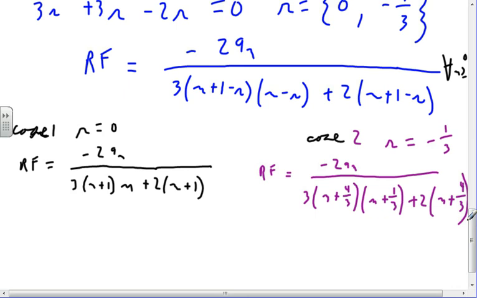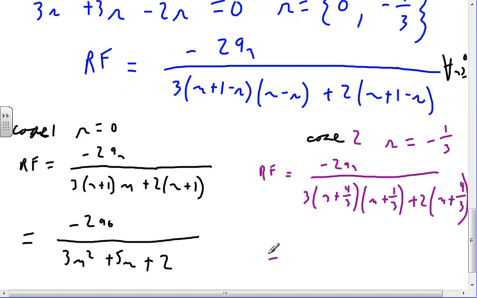Okay. It'd be nice if those guys were a little bit different. Minus 2a0 divided by, I got 3n squared, I got 3n, I have 5n plus 2.